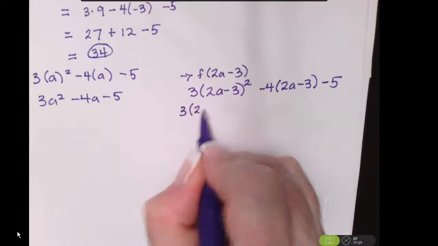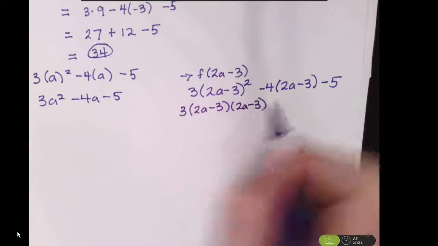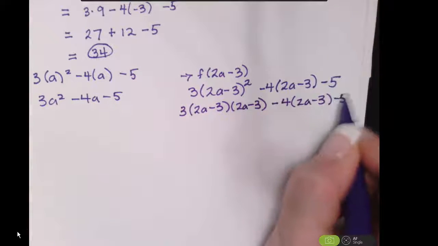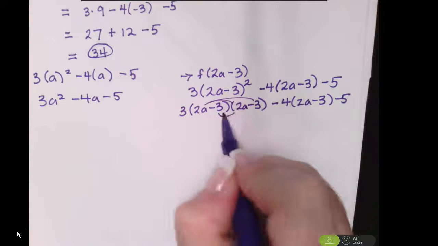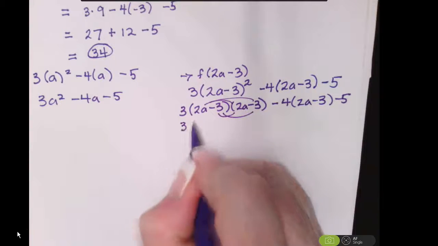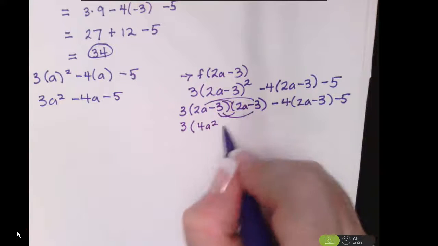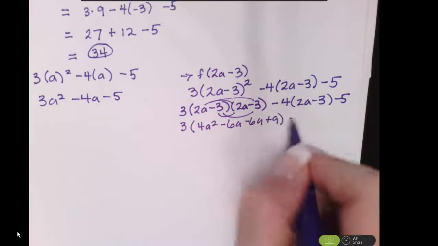The rest of you had probably better expand it out, or else my concern is that you are going to lose some of your terms. Okay, so when I'm doing double distribution, I need to remember that I get 4 terms here. 4a squared minus 6a minus 6a plus 9.